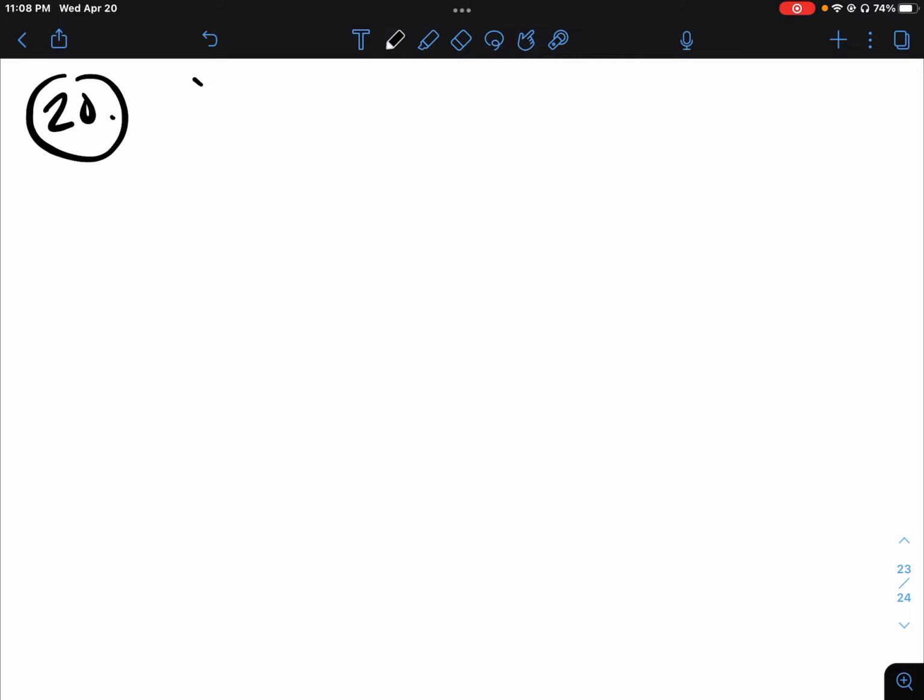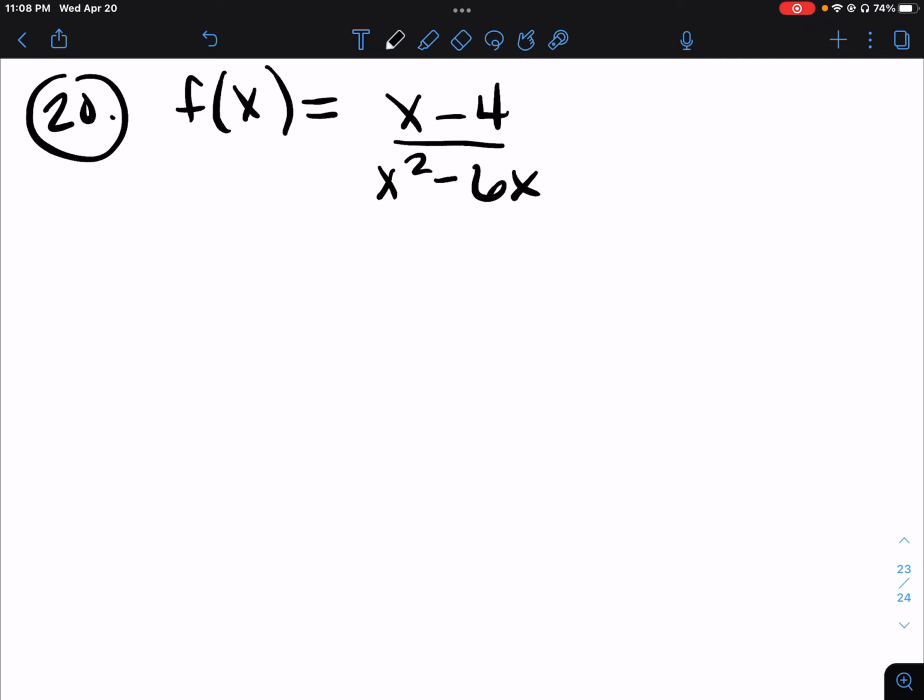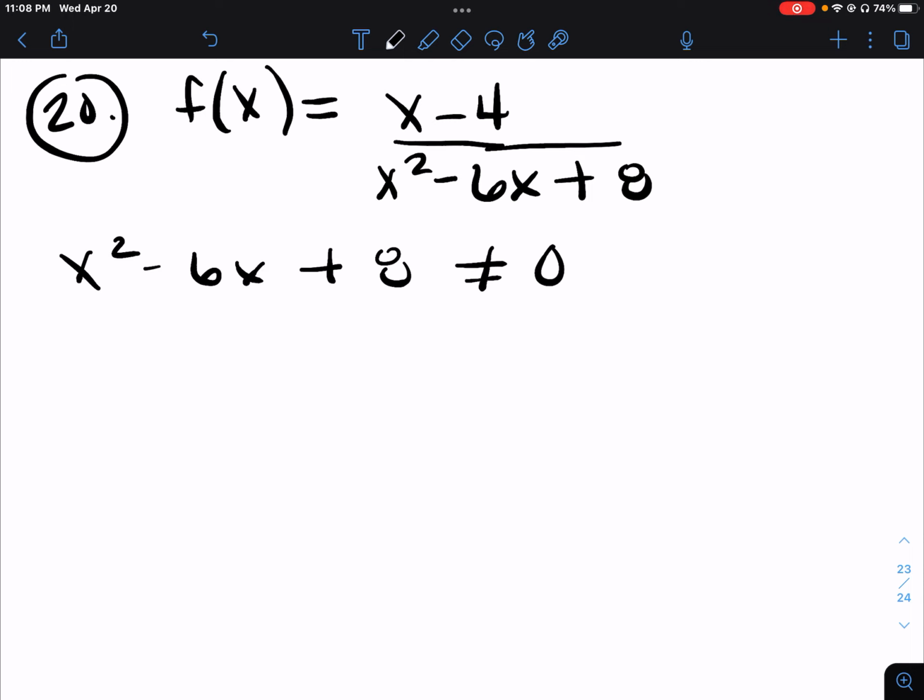Number 20 says find the domain. The denominator can't be 0, so we need to find when it is 0.